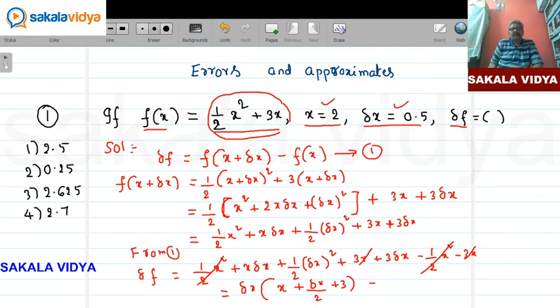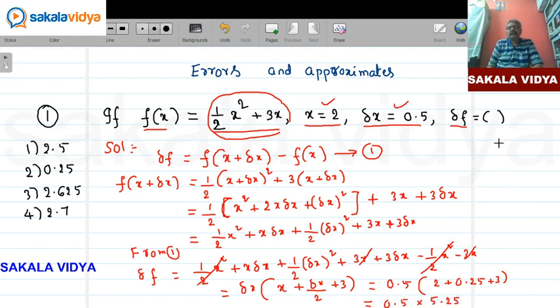So, this equals delta x is equal to 0.5 multiplied by x means 2 plus delta x by 2. Delta x by 2 means 0.25 plus 3. So, that means 0.25 multiplied with 5.25.